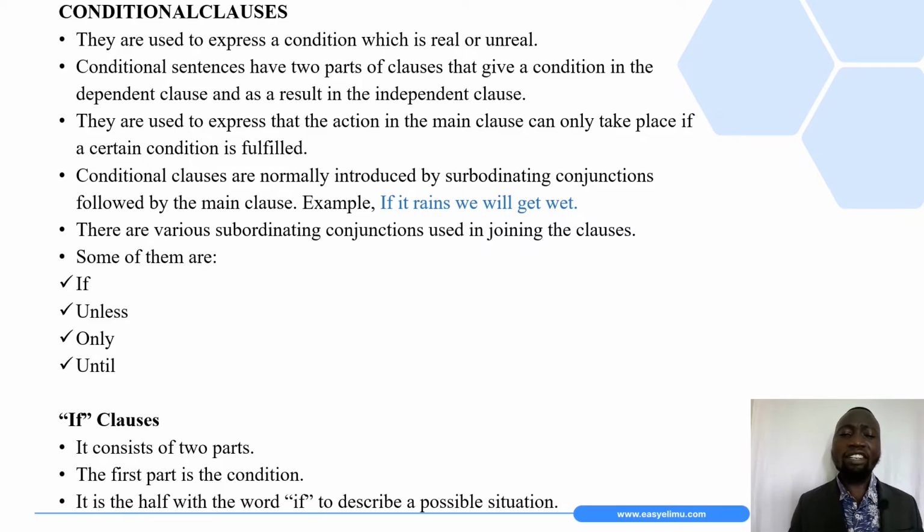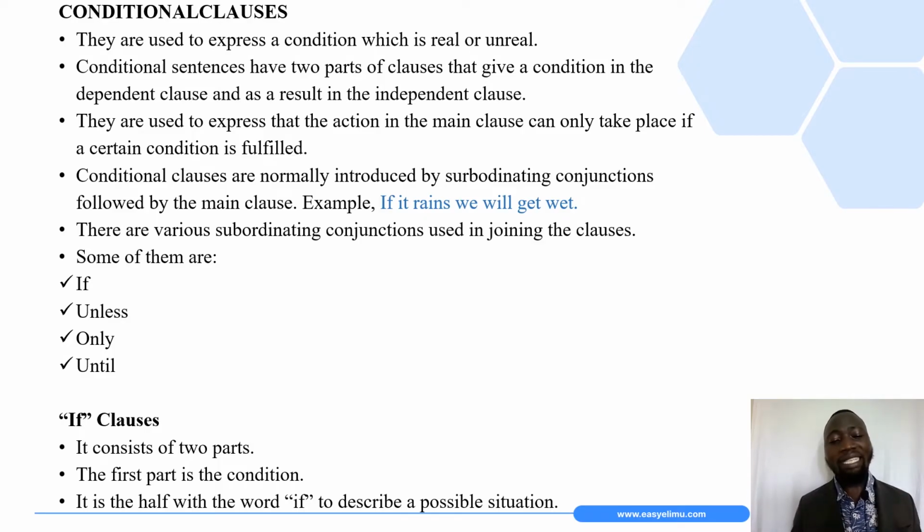There are various subordinating conjunctions used in joining the clauses. Some of these are if, that we have seen in the example above, unless, only, until. How about we start by looking at the if clauses. If clauses, dear students, consist of two parts.